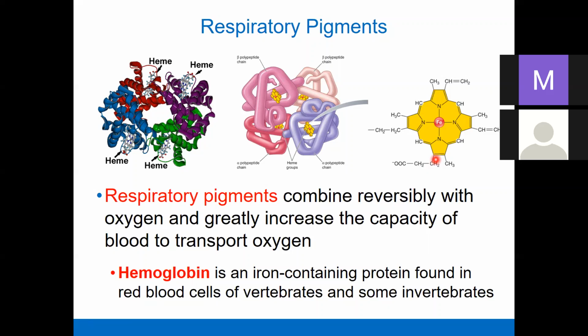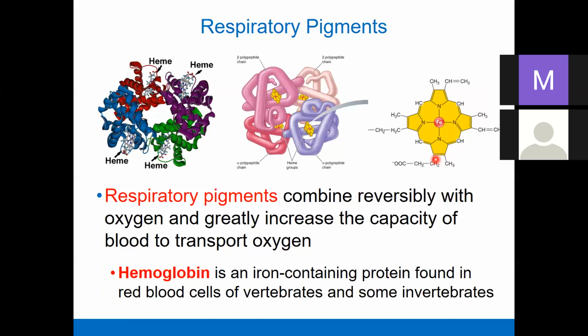Hemoglobin will store more oxygen for us and transfer it to our cells. Without hemoglobin, we cannot obtain enough oxygen for our cells to maintain their life.